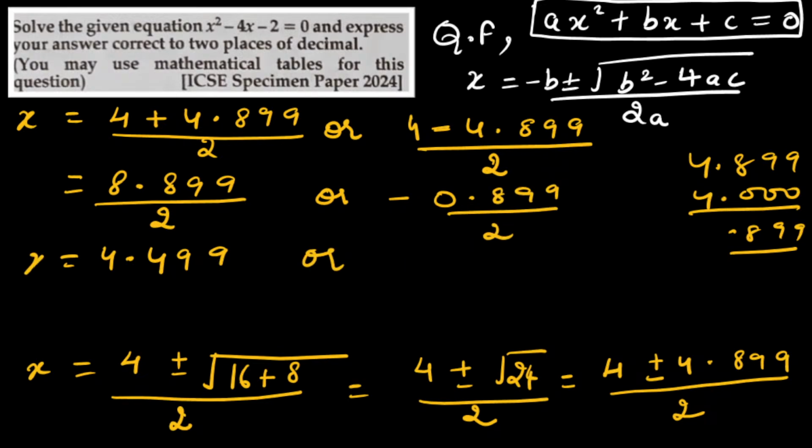Don't ignore the minus sign here. It equals minus 0.449 when you divide it by 2. I want you to give the answers. 4.49, is it correct?